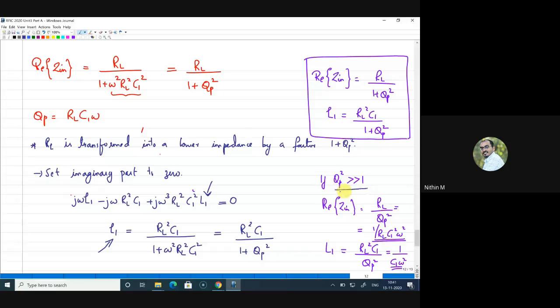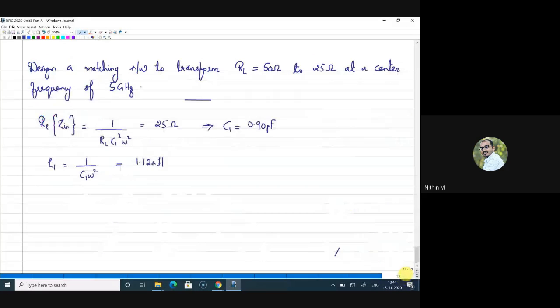But before we use these simplified formulas, they are valid only if your QP square is larger than 1. How will I check whether QP square is larger than 1 or not? Let me evaluate QP. This is for a parallel RC network, so QP is equal to RL into C1 into omega.